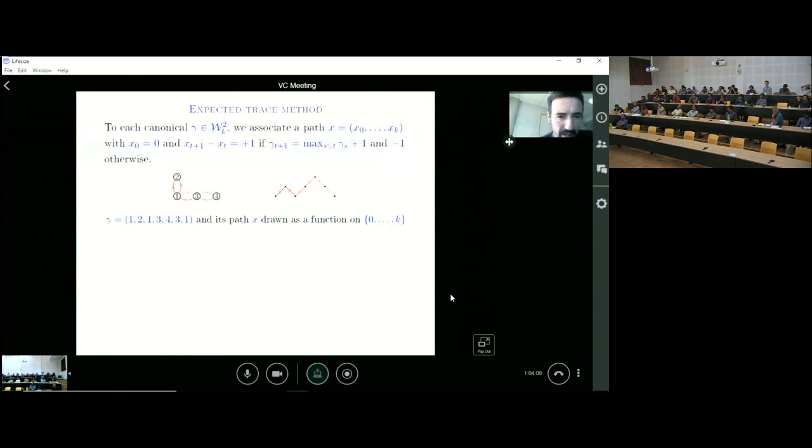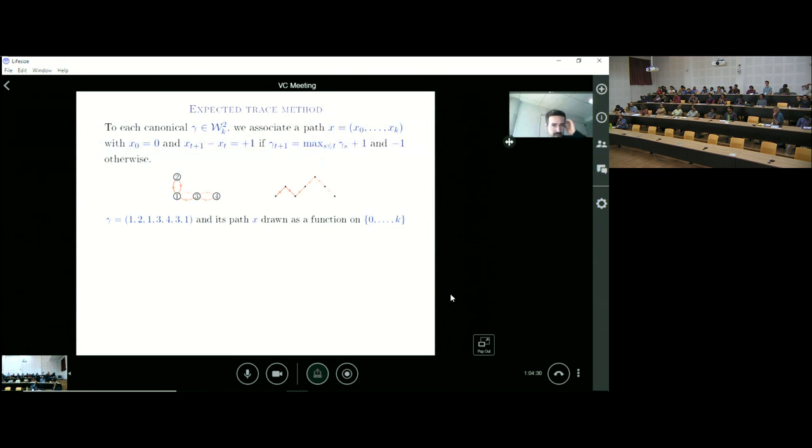I take the same example on the left-hand side, and on the right-hand side I have drawn the corresponding path seen as an integer-valued function on 0 to k.